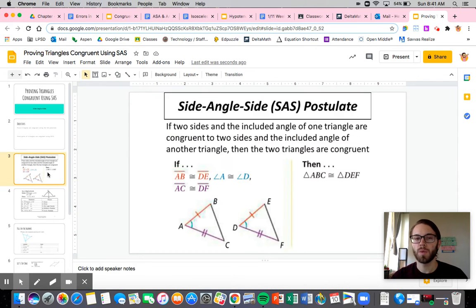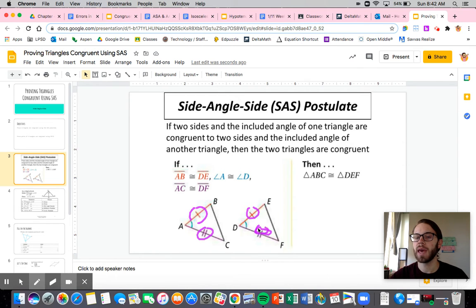All right, so what actually is the side, angle, side postulate? We can prove that two triangles are congruent if we know that we have two sets of sides that are congruent. So this side and this side, and then this side and this side.